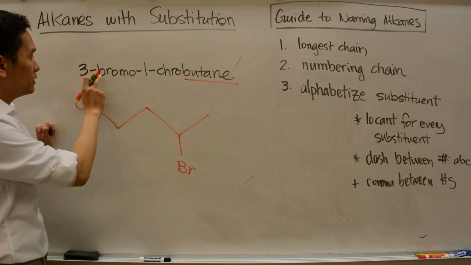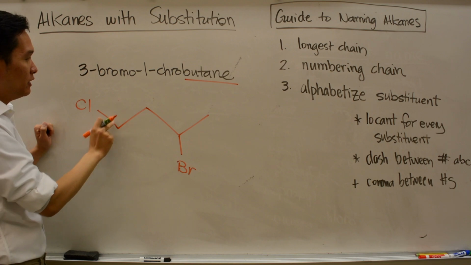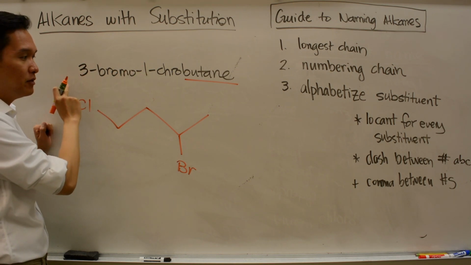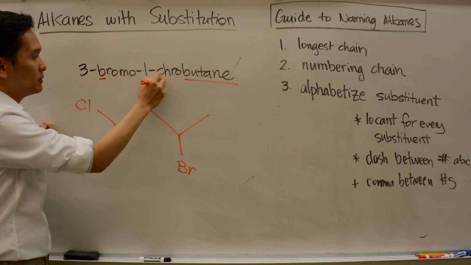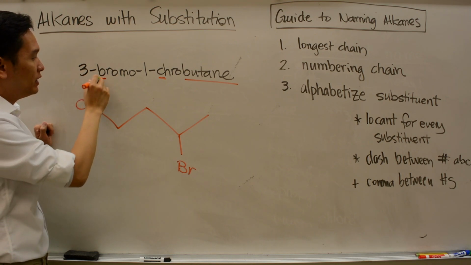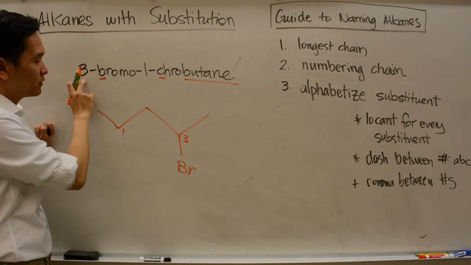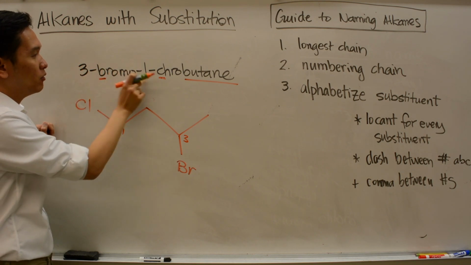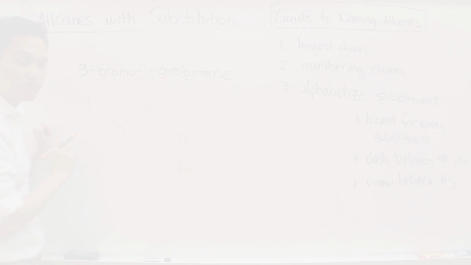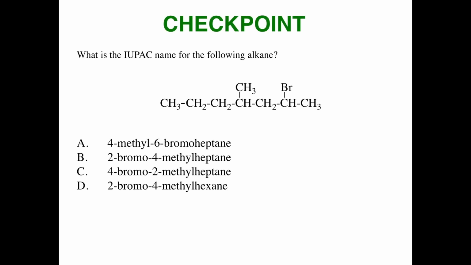And then what about naming bromo before chloro though? Even though this is 1, it doesn't go in the front. It is because we're alphabetizing, right? So B comes before C. So even though this is 3 and this is 1, 3 comes first because of this B. 3-bromo, 1-chlorobutane.